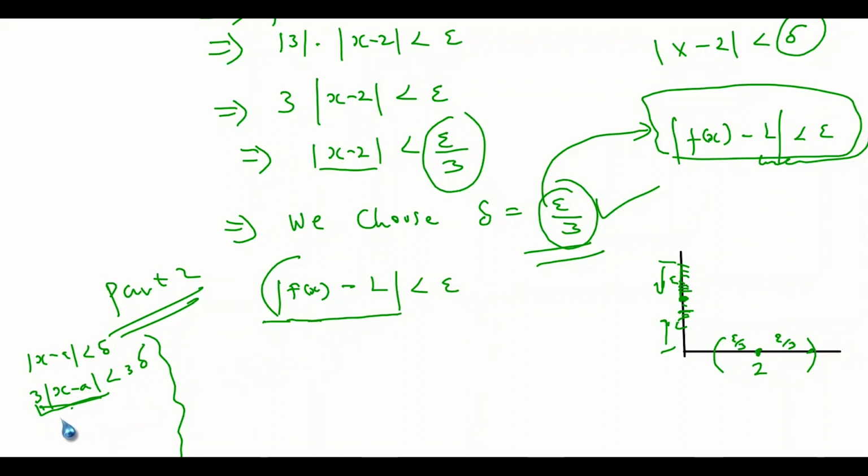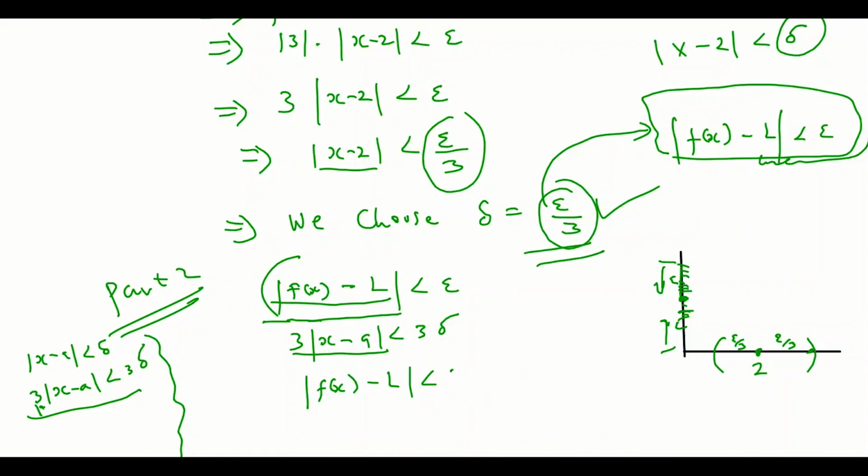It will be 3 into absolute value of x minus a, less than 3 delta. So instead of this now, I will write this because they are the same. So I'll just say the absolute value of f of x minus L is less than 3 delta.